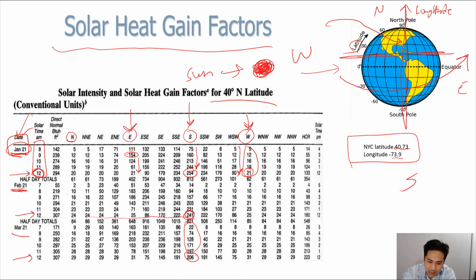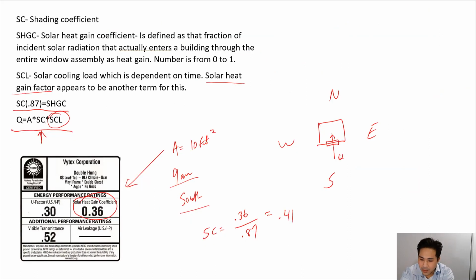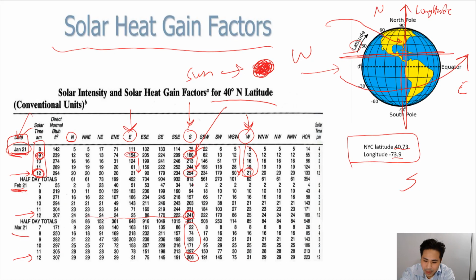And at 9 o'clock is right there, and south is going to be 160. So it's going to be this value here that we're going to be using. So 160.